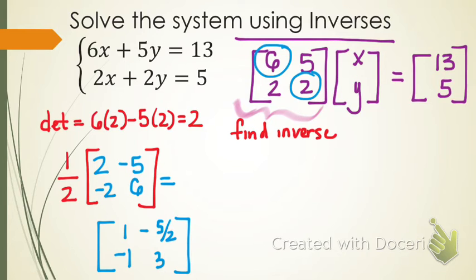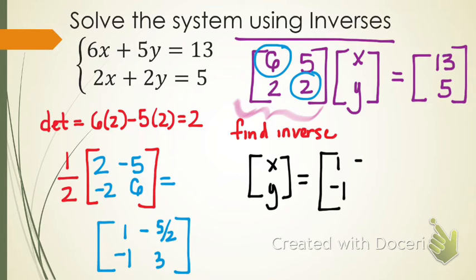So what I'm going to do is multiply both sides by this matrix. So what I'll have is matrix x, y equals my inverse matrix, which is 1, negative 1, negative 5/2, 3, times 13, 5.